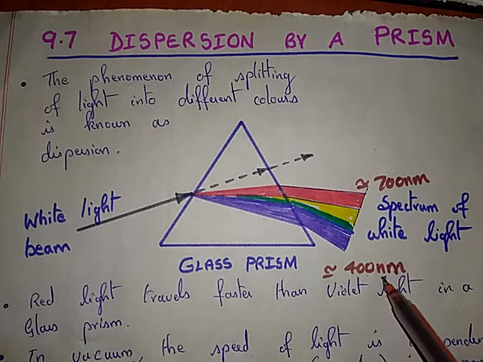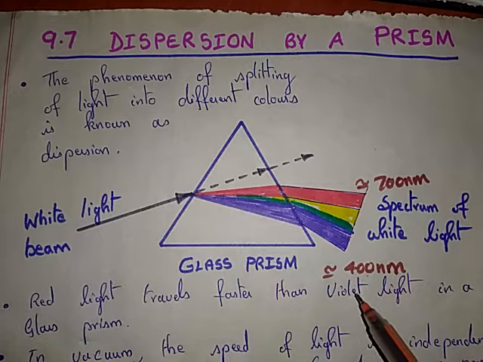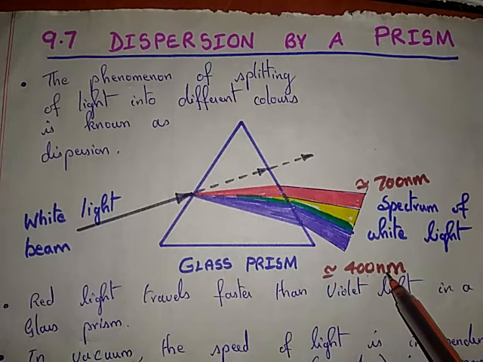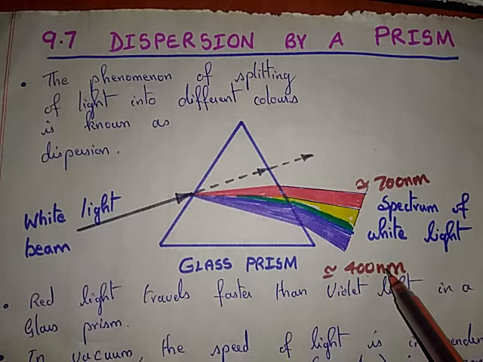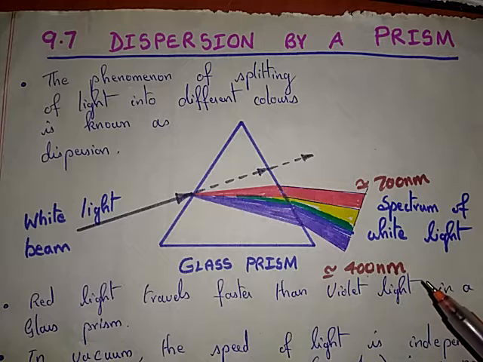So if I say 400 nanometer to 700 nanometer is the visible spectrum, it means that 400 nanometer is one tint or one color. 400.1 nanometer is another color. It's a shade of violet.